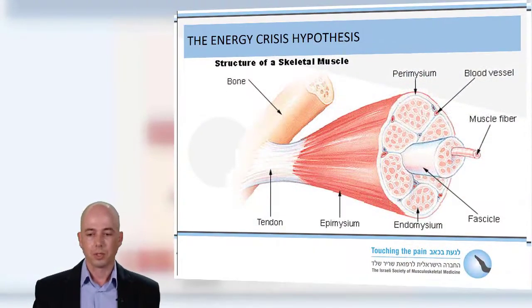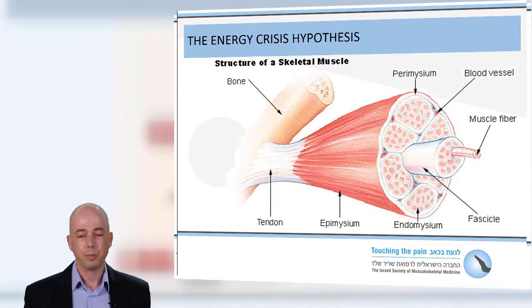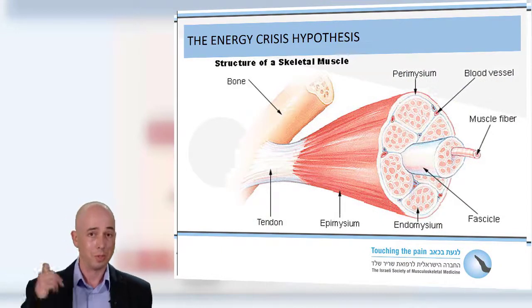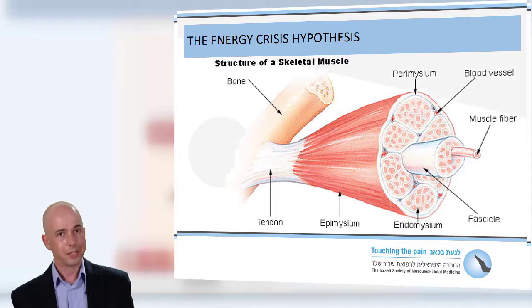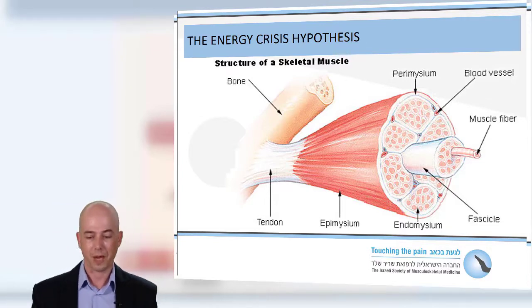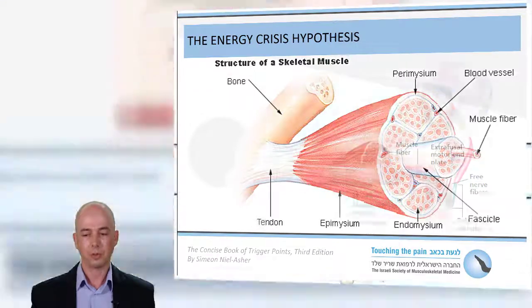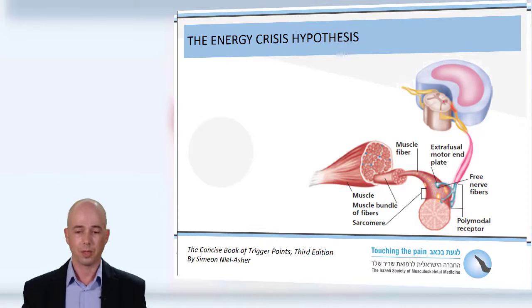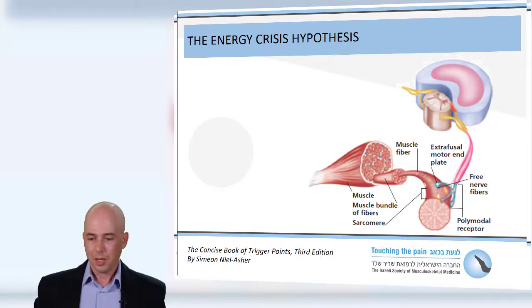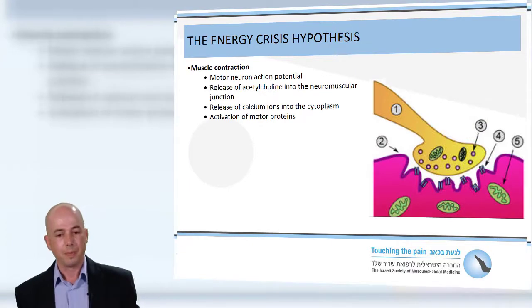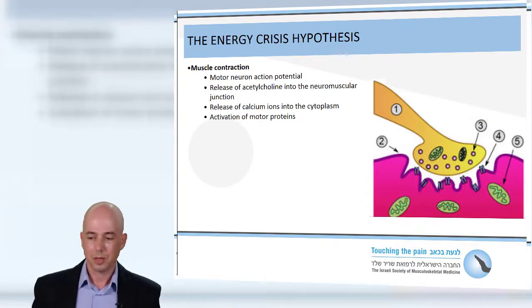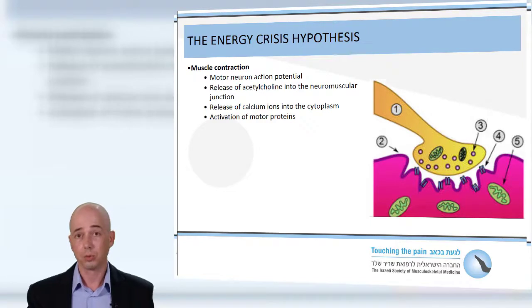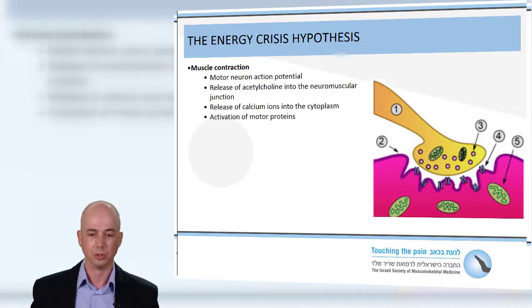To understand the energy crisis hypothesis, maybe we should start by reminding ourselves of normal muscle physiology. Normal skeletal muscles are composed of fibers, and these fibers are innervated by axons coming from the spinal cord. In order for a muscle to contract, we need an action potential coming from the motor neurons in the anterior horn of the spinal cord.